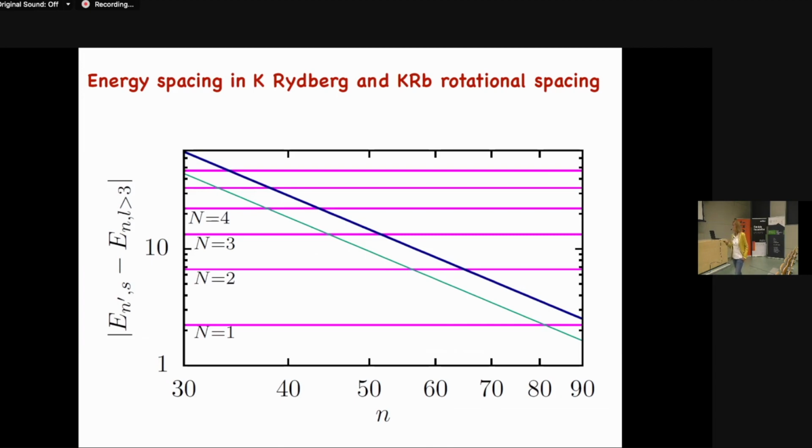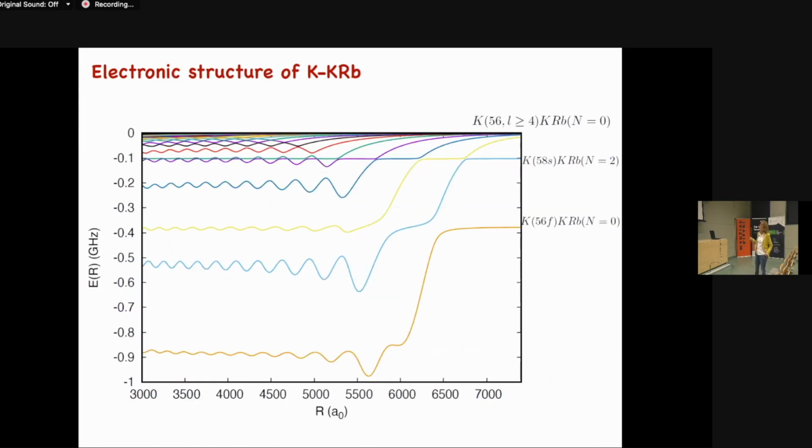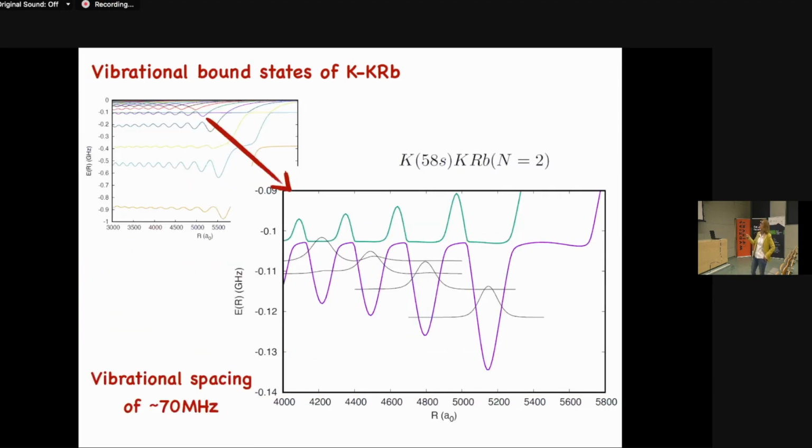Let me show you this. I have to look at this crossing here in order to have KRb in n equal to 2, with the Rydberg atom in one of the states close to this excited state. And this is what we have here: 58S with KRb. We see that this state is now shifted towards the degenerate manifold, where the action is happening. These are the avoided crossings between one of these states shifted down and the other one.